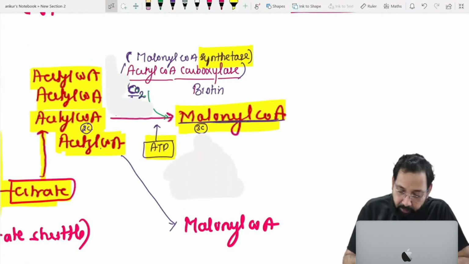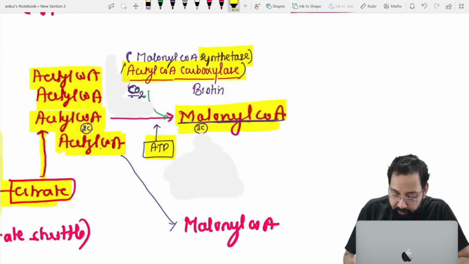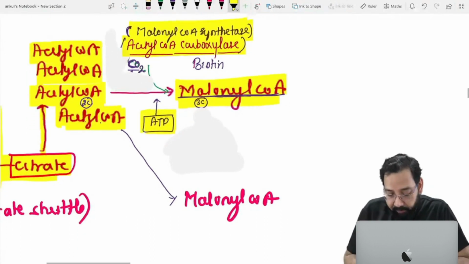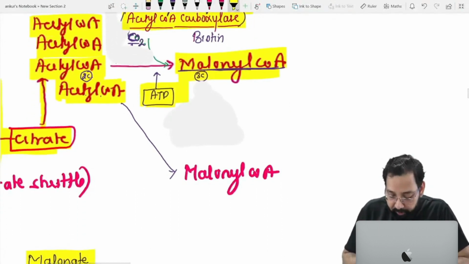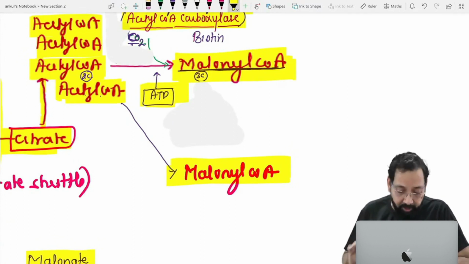That's why the name of the enzyme is acetyl coenzyme A carboxylase, because in this malonyl coenzyme A is synthesized, and in this ATP is used. So now in the cytosol both acetyl and malonyl coenzyme A are there. Acetyl has 2 carbons, malonyl coenzyme A has 3 carbons.